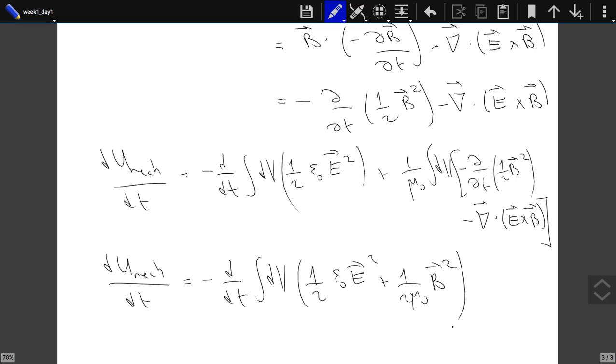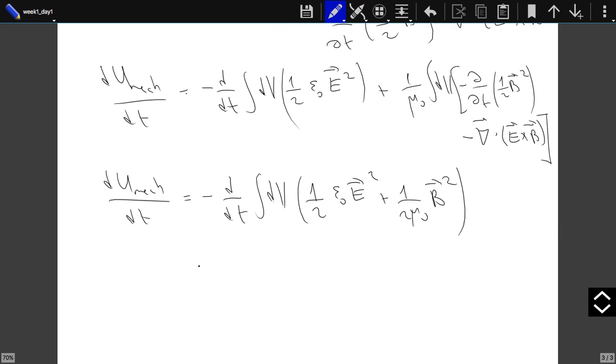This is this term plus this term. And then minus the integral dS dot 1 over mu 0 E cross B.